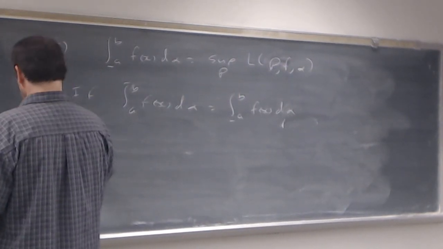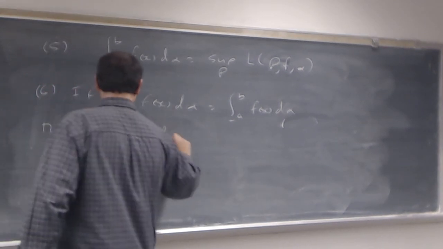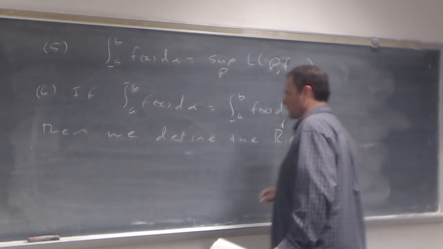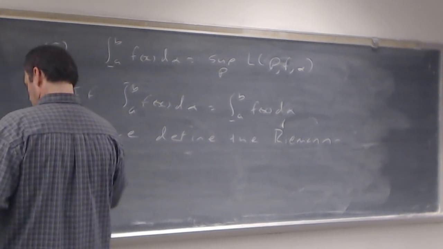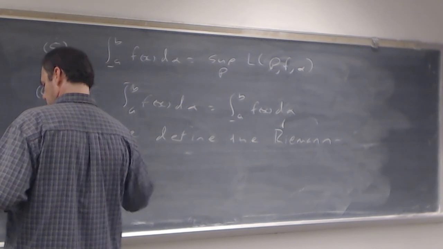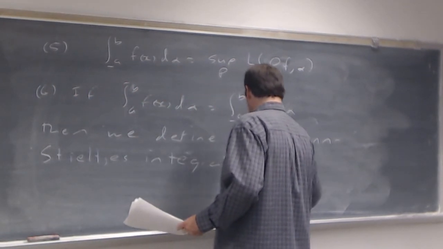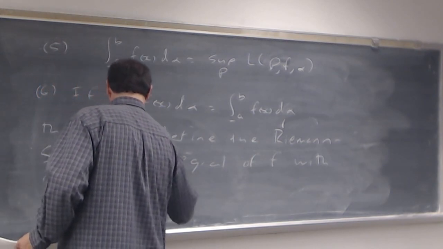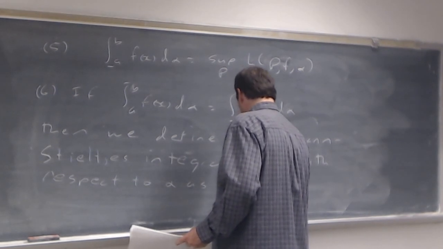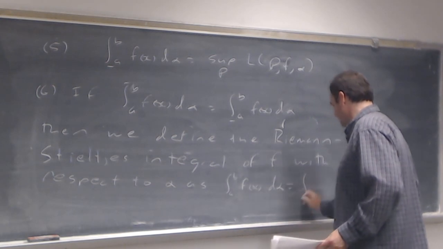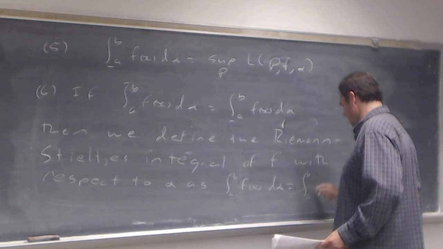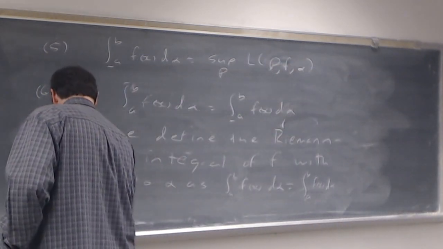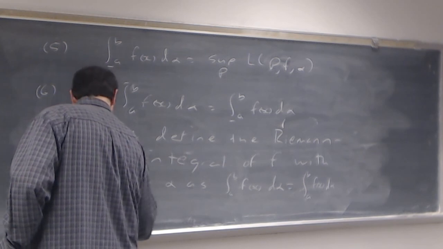Then we define the Riemann-Stieltjes integral of f with respect to alpha as the integral from A to B of f of x d alpha, which is going to be equal to this lower Riemann-Stieltjes integral, which is also equal to its upper Riemann-Stieltjes integral. Okay.